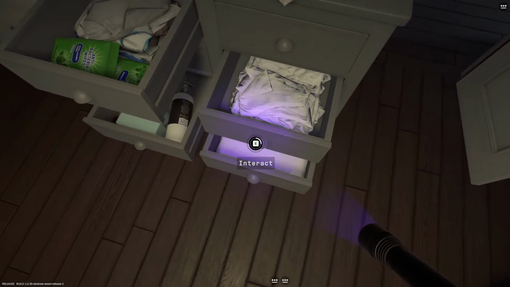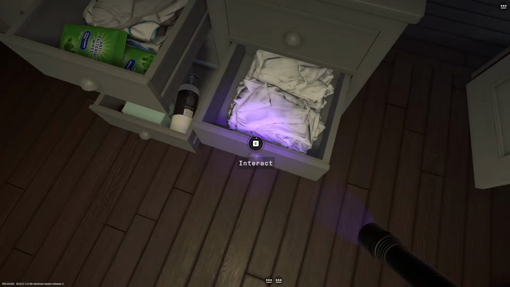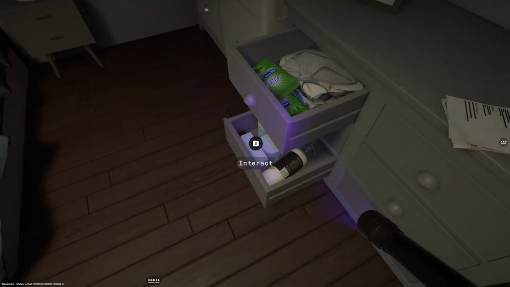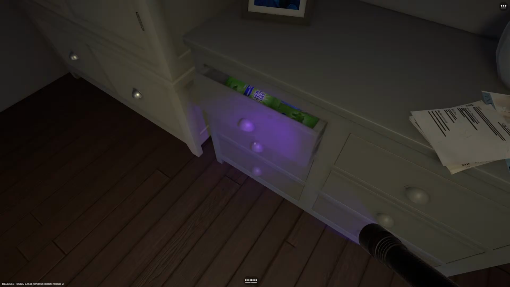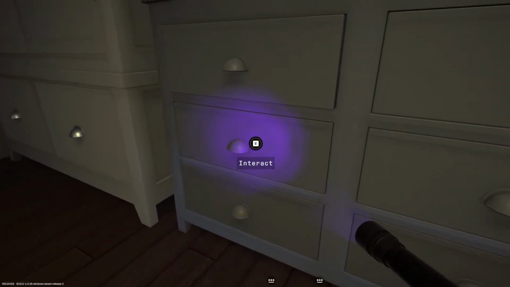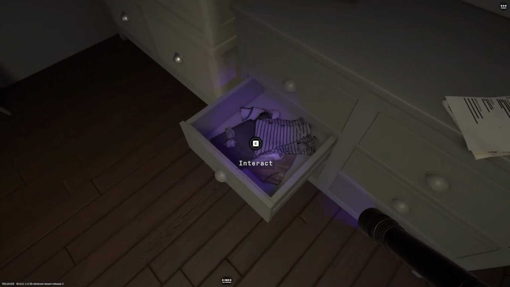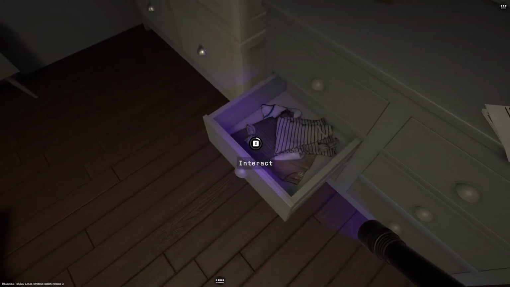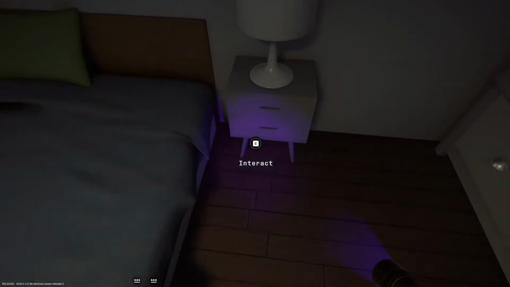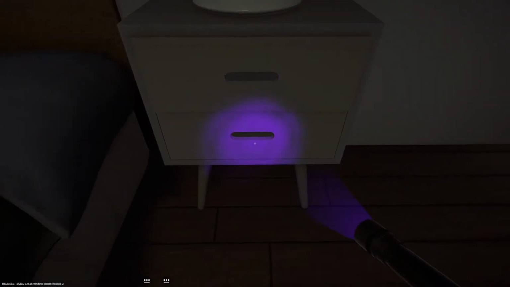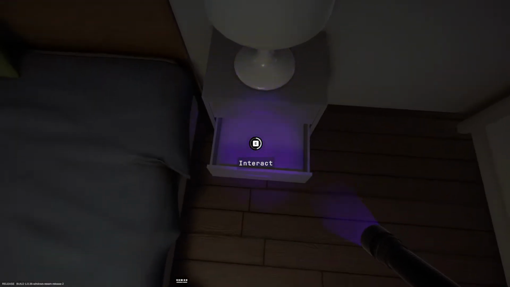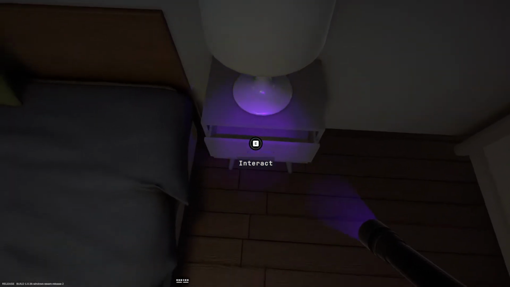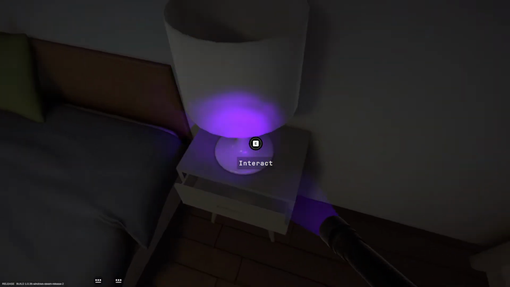Alright, nothing there. Let's close these. Make sure we don't get confused at what we're doing here. Nope, I want to open the second one, please. There we go. Okay, how about these drawers? Nothing. And nothing. Okay.